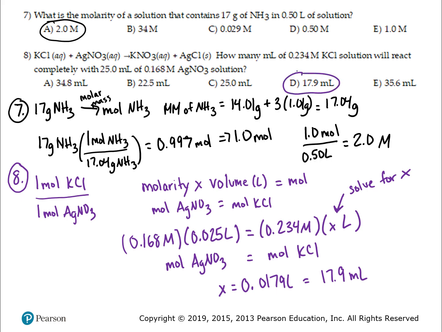So you should get D. Does that concept make sense? I know it may have tripped you up a little bit, but let me know how question 8 works for you.